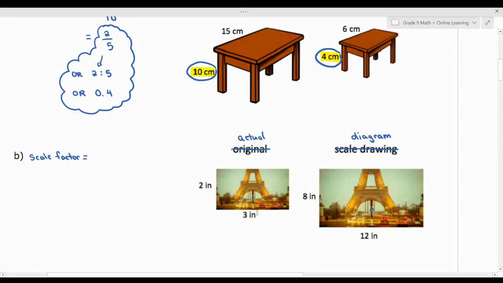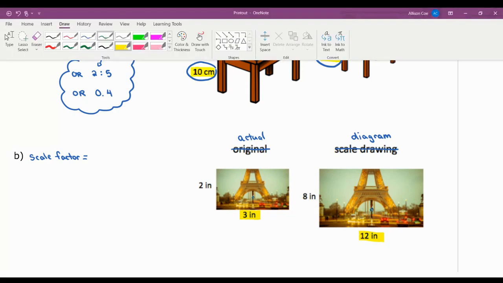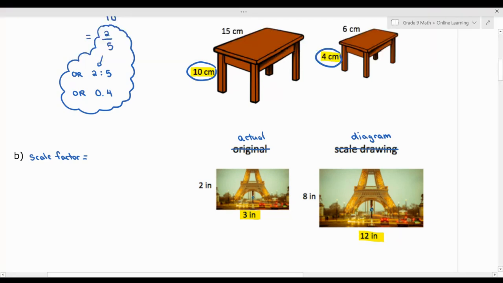So this time maybe I do the, let's call this our length. So I'm going to be comparing 3 inches and 12 inches. Okay, so scale factor, diagram has to go on top. So I'm going to talk about the 12 inches first. So 12 goes on top, and then the 3 inches goes on the bottom.